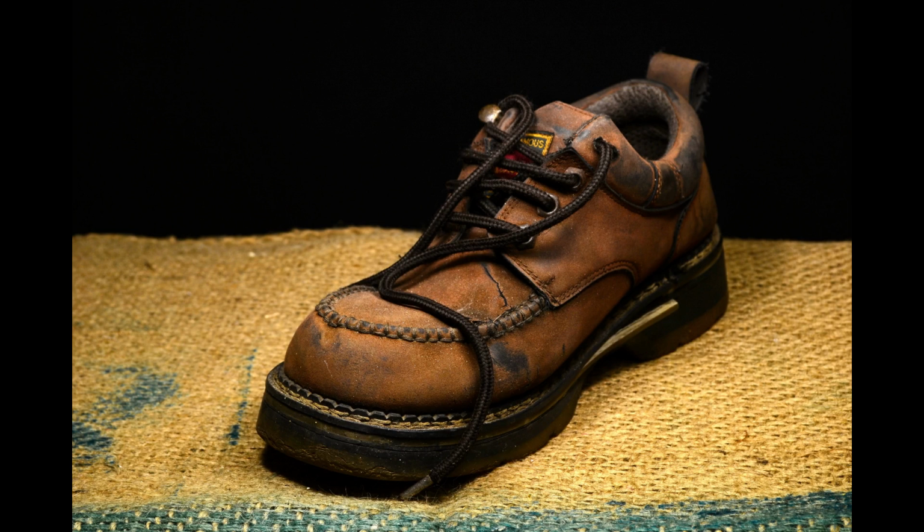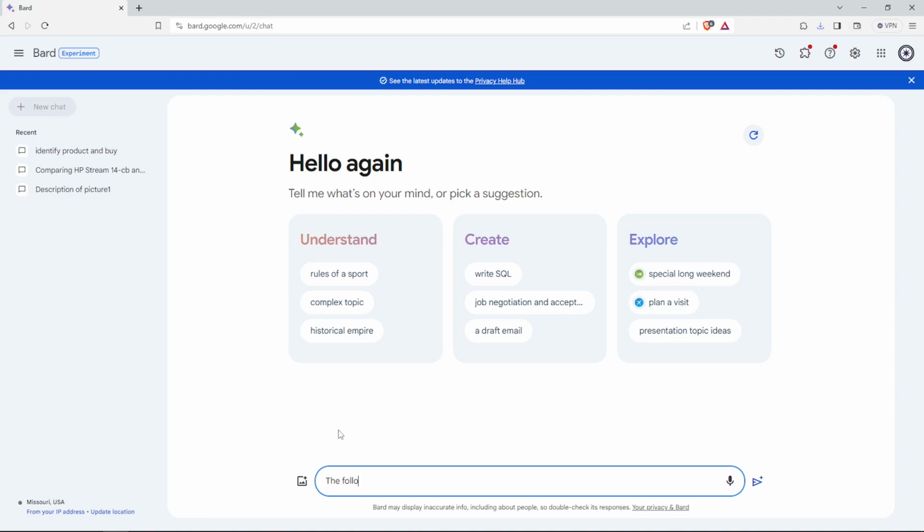The fourth use case will be using Bard for production and manufacturing. We will ask Bard to analyze a shoe and tell us what materials were used to produce that product. The following is a picture of a shoe. Could you please analyze it and tell me what materials it is made from?